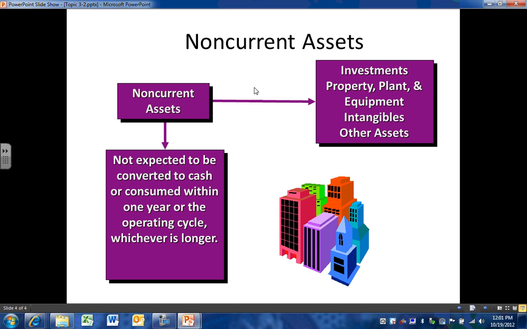We could have other types of investments, strategic investments that we're going to make that we plan to hold on to. Again, we'll be discussing these items, investments, property, plant, and equipment, intangibles, other assets in greater depth in Intermediate 2. But for right now, you need to know if it's not a current asset, it is a non-current asset.